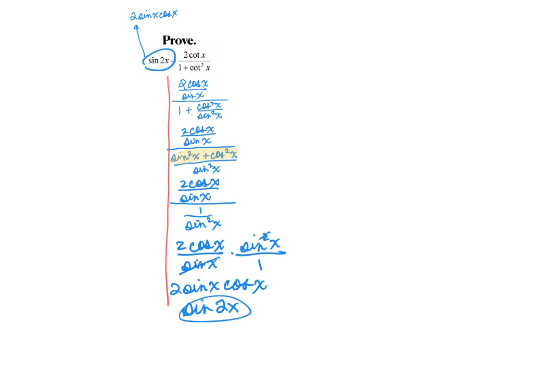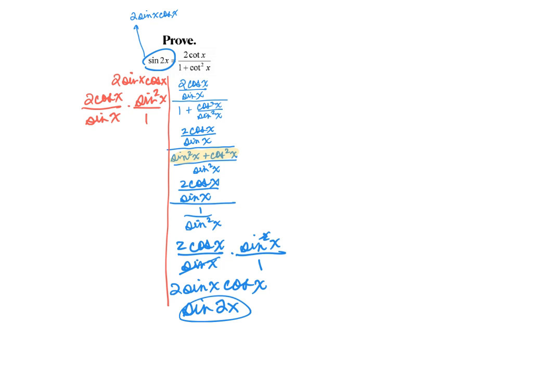This is sine of 2x. So the next step would be 2 sine of x cosine of x. The step before that would be this: 2 cosine of x over sine of x times sine squared x over 1.